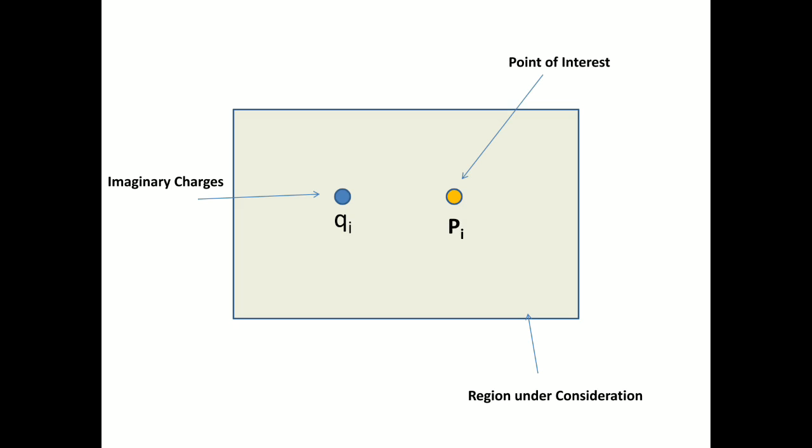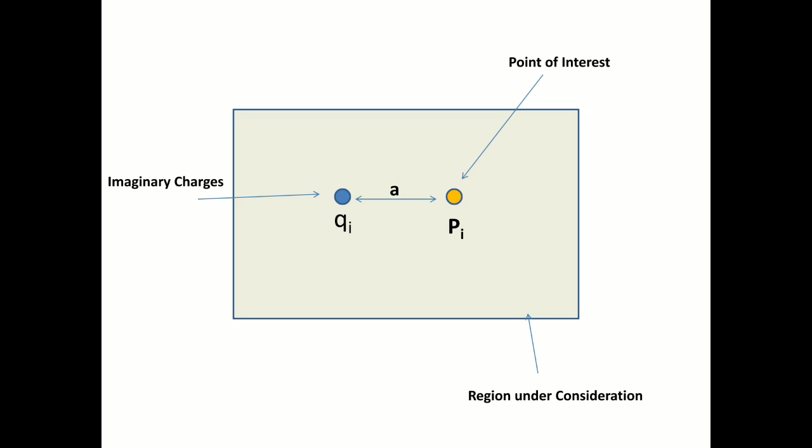So from this diagram, Pi indicates the point of interest, or it is nothing but a point in a region where we are interested to calculate the value of potential due to imaginary charge Qi. And let us consider that these 2 points are separated by a finite distance small a.